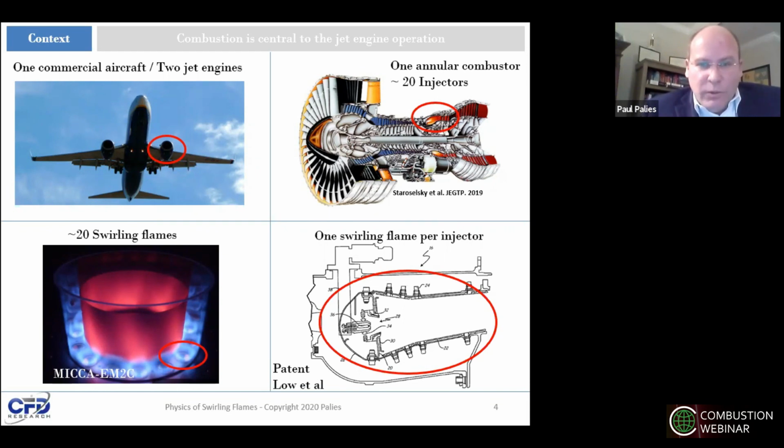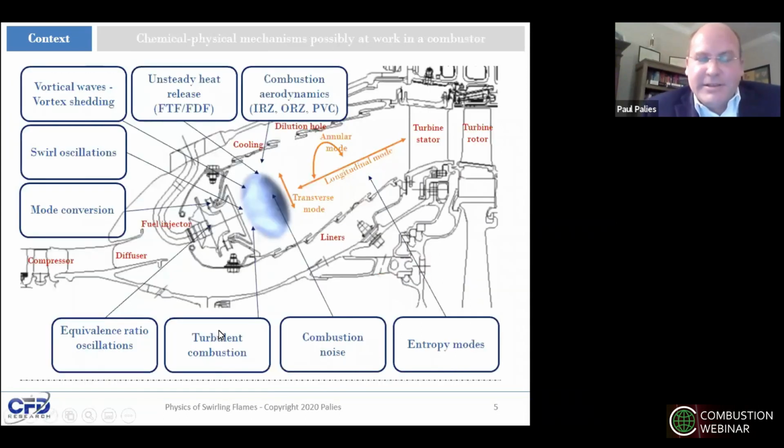So one important aspect to look at next is all the chemical physical mechanisms that are working in a combustor. On this slide, this is a typical cut plane of a combustion chamber, and you can see different geometrical elements that are outlined in red.